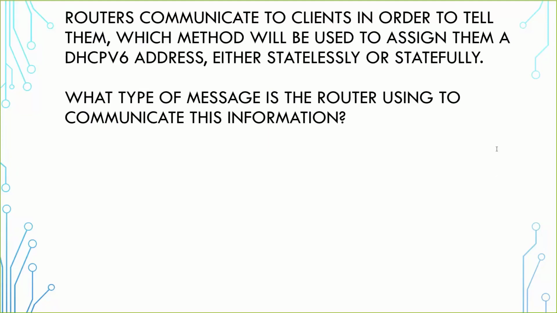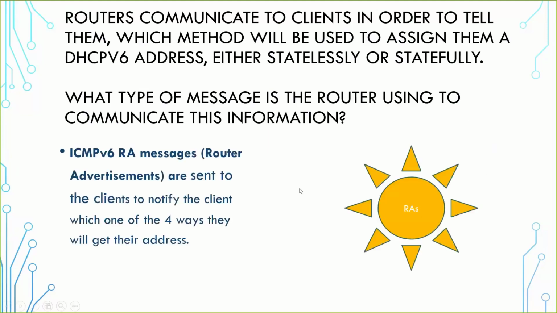And then I also saw up here an ICMPv6. So exactly, it uses an ICMPv6, so kind of like a ping packet, okay? Router advertisement. So it uses this message to communicate to the client, oh, hey, I just got your message, thanks. And this is how we assign IPv6 addresses on this network, right?